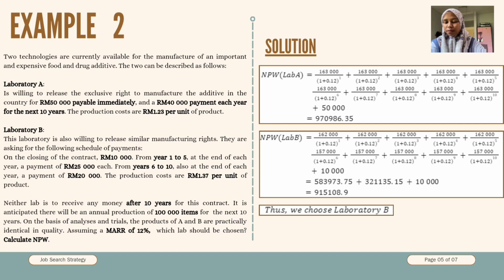So we can get 157,000, and then after we multiply, we add all of this. We need to add the amount payable immediately, which is RM 10,000. After that, we can get 915,108.9. Thus, we choose laboratory B because it is safer.